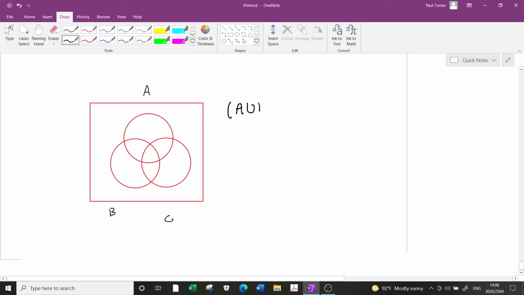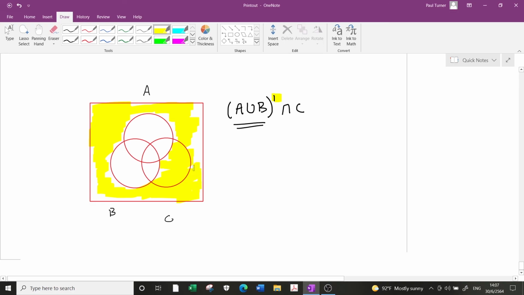So here's another example. Not A union B, or complement, intersecting C. Okay, start left to right. We have a bracket here. So we've got A union B, but not that. So A union B would be all of this area here, right? A union B, but we don't want that. We want outside A union B. So we color outside A union B. Like that.